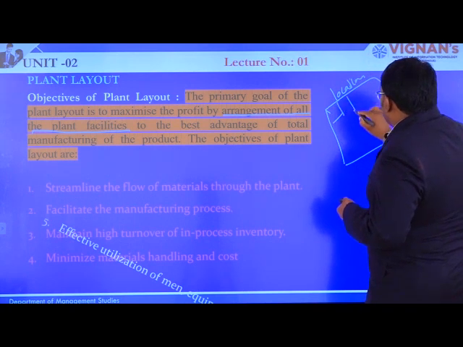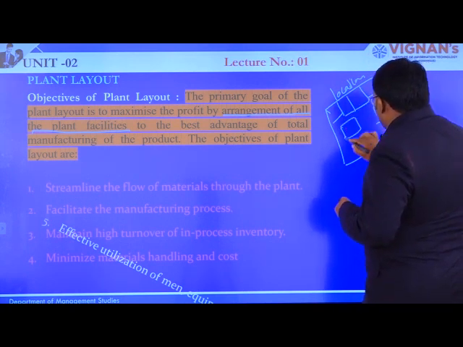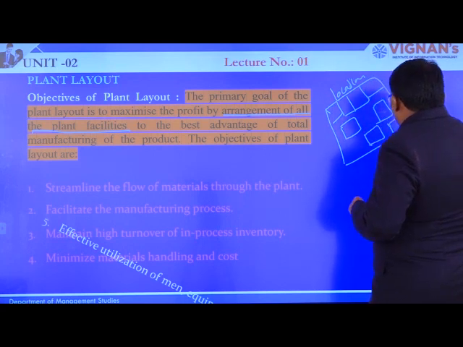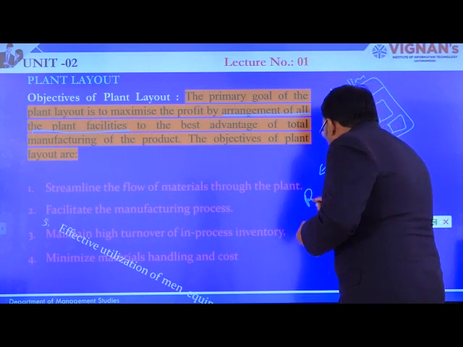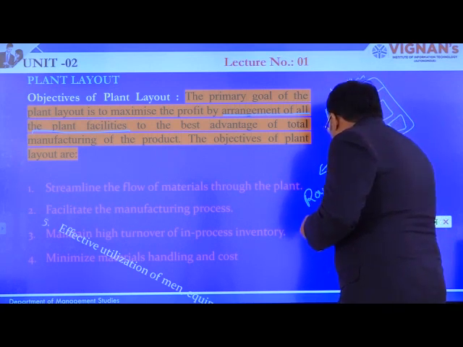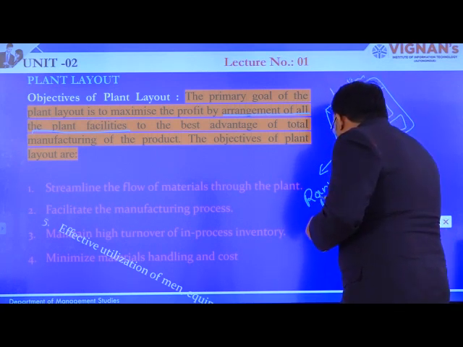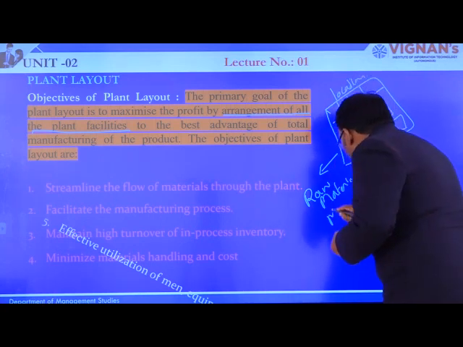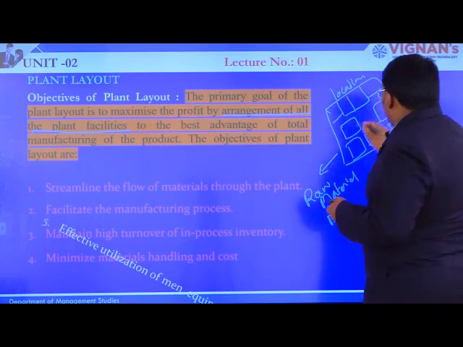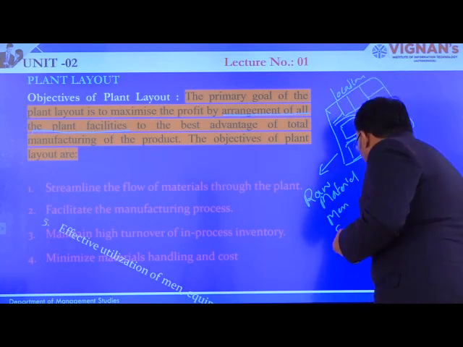So, internal parameters: you have some spaces for working. What are all these spaces involved with? They are involved with the raw material, or we can say material, and with men, and we are also involved with the space. This is all called space.